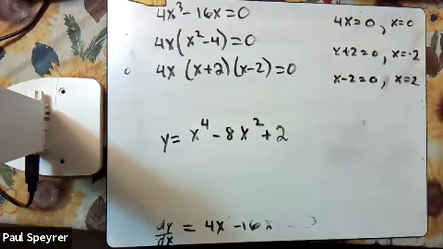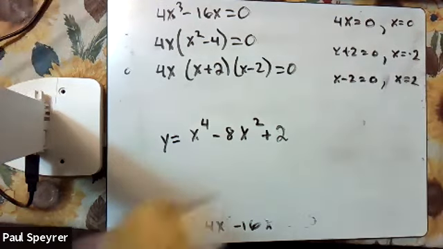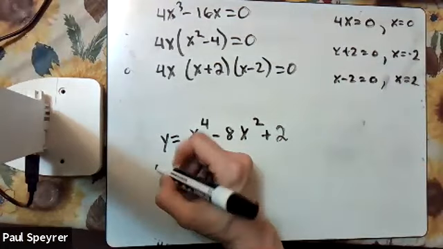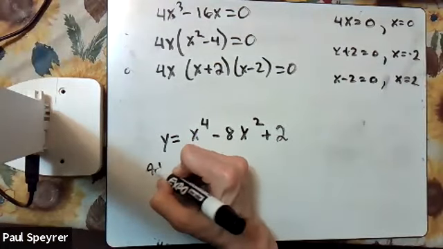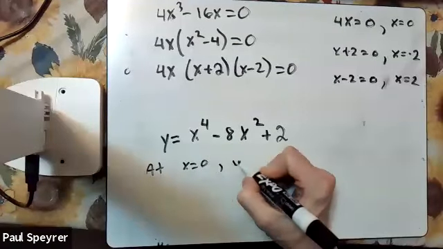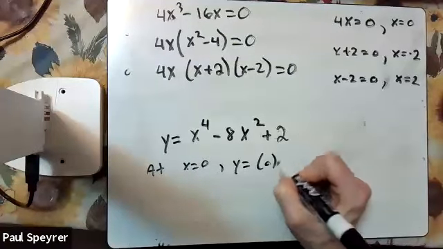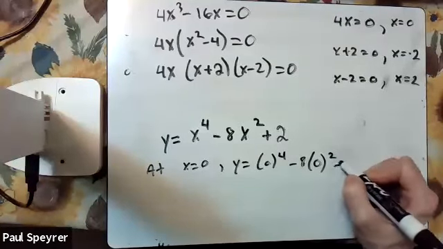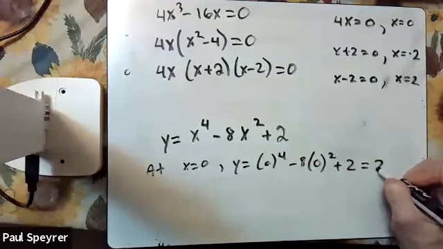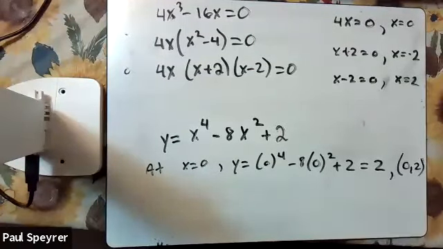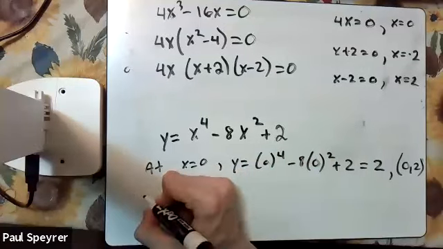But we were being asked what the points are, right? So we got to find their respective y values. So at x equals 0, we have y equals 0 to the 4th minus 8 times 0 squared plus 2. That's equal to 2. So that's at the point 0, 2. Now we have to put in negative 2.